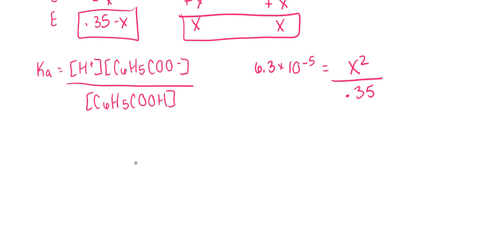So now we can solve for X. So I can start by multiplying both sides by 0.35.